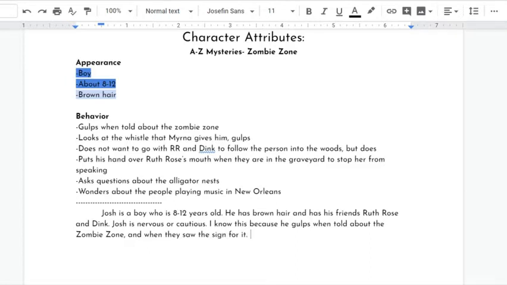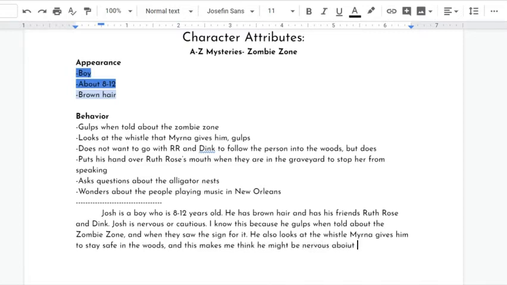Now that won't totally make sense to my reader, but that's okay because they're going to have to read the book in order to understand what that is. I need to have more evidence than just one piece. He also looks at the whistle Myrna gives him to stay safe in the woods, and this makes me think he might be nervous about going off.